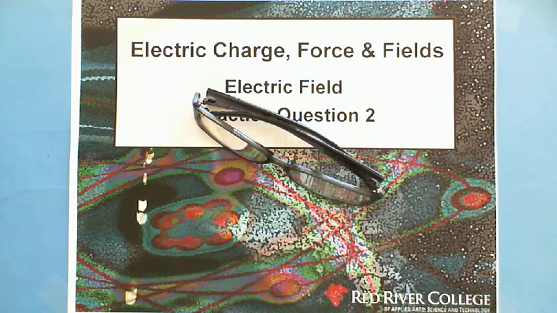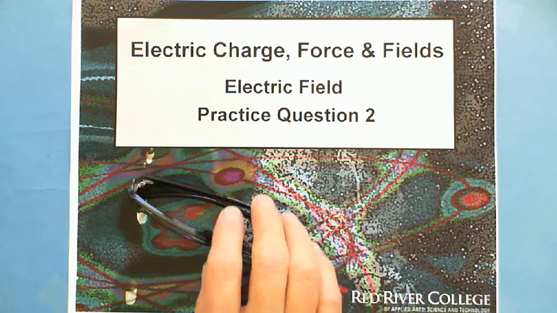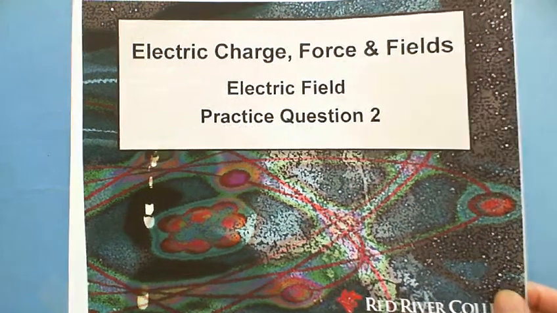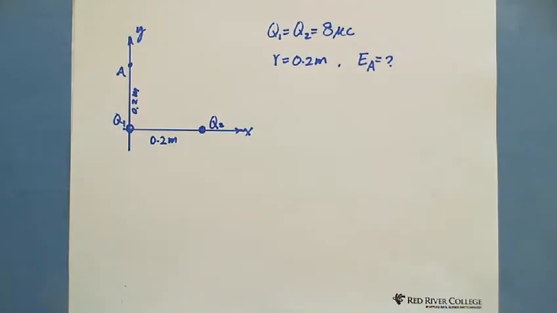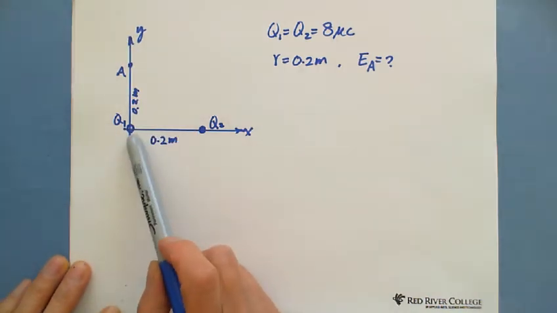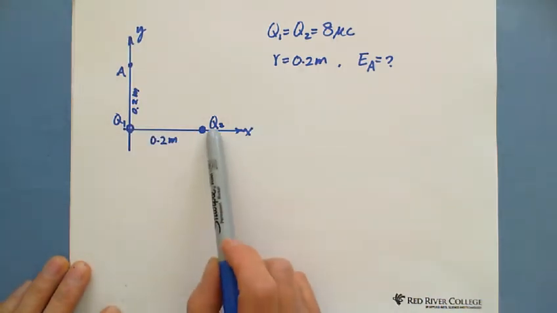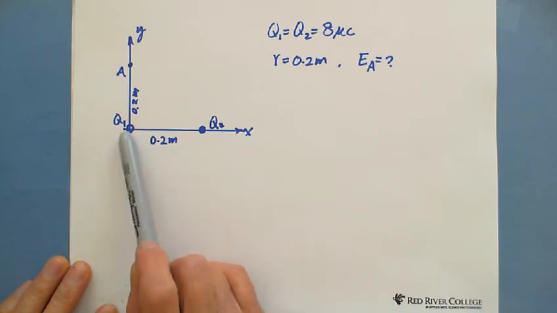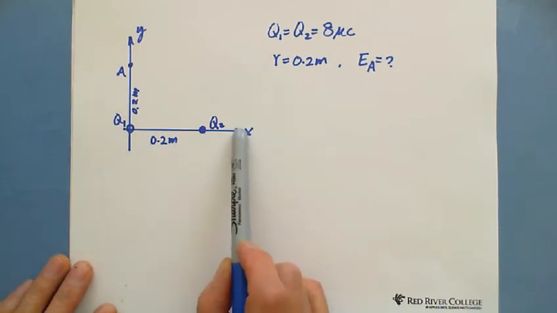Electric field practice question 2. In this video, I'm going to give you a question like this. One charge Q1 is put at the origin, and the other charge Q2 is 20 centimeters away from Q1 in the x direction.